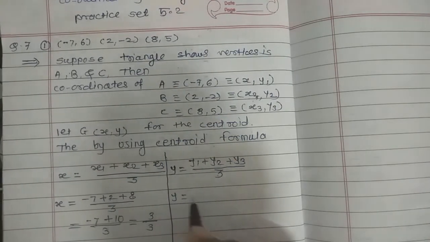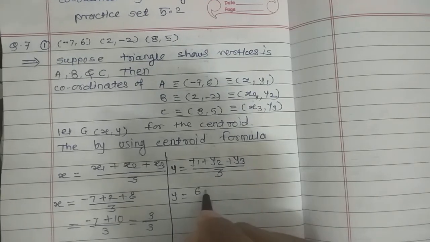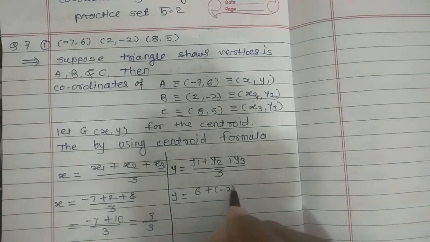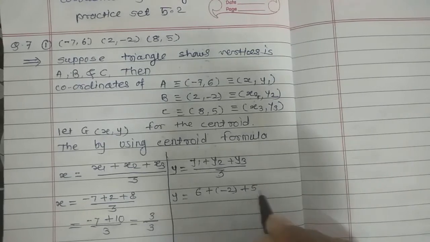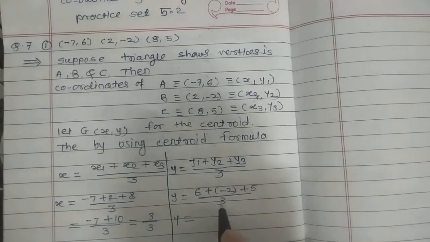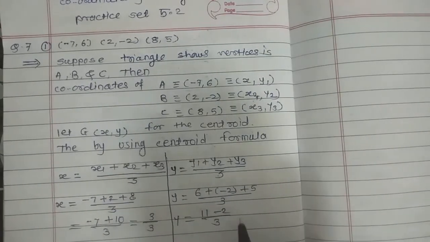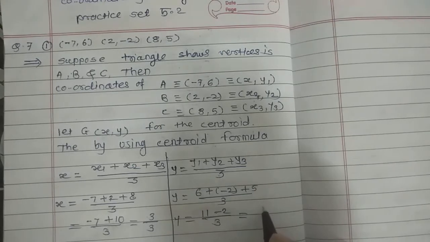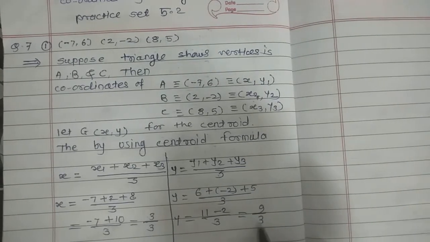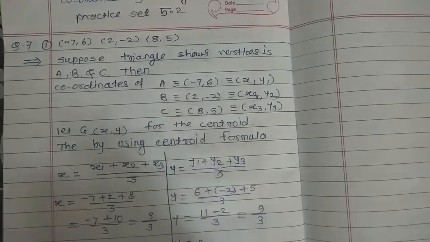Now adding the values of y1, y2, y3, 6 plus -2 plus 5 upon 3, then 11 minus 2 is 9 upon 3, and y is equal to 3, since 3 times 3 is 9.